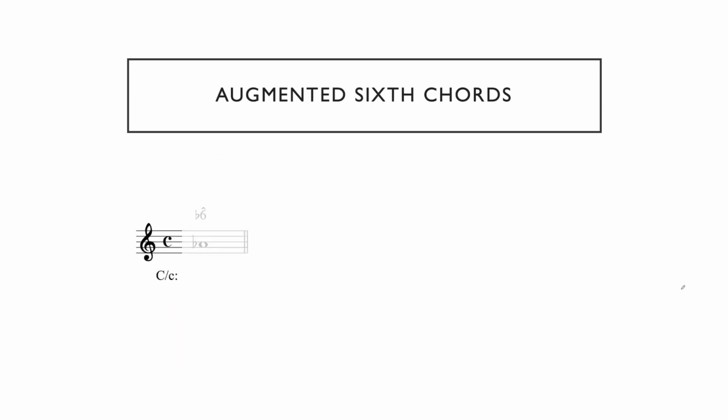As you know, we have three kinds of augmented 6 chord, and all of them are constructed on the flat 6. The first thing we should do is to spell an interval of augmented 6th, and then if we add, there are many different definitions.